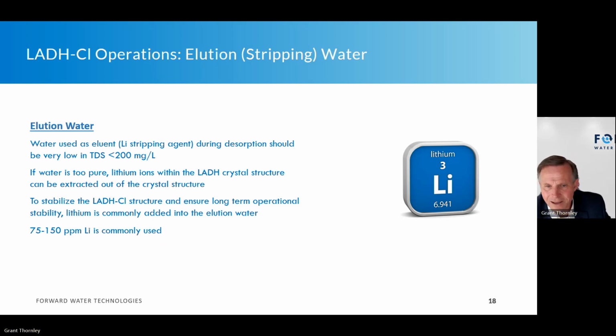Well, it's a mass balance. You're not gaining lithium from the brine. That lithium mass has to be coming from somewhere, and it's coming from the structure itself. So if I'm at 110% lithium recovery, okay, yeah, I'm pulling lithium from the crystal structure.